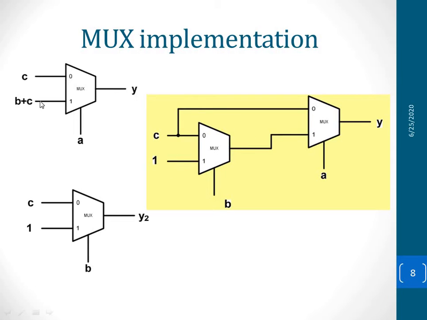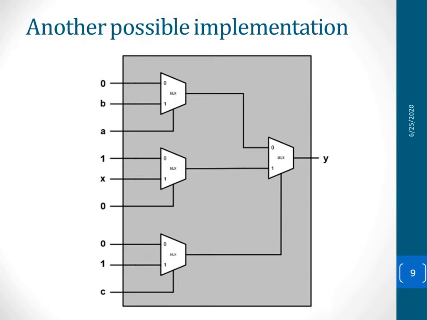This is for the b plus c we have done. This b plus c is decomposed and made into this, so it is written here. C has to be connected as it is, and a is also connected as it is. This is how it is decomposed and implemented in the form of muxes in the FPGAs.